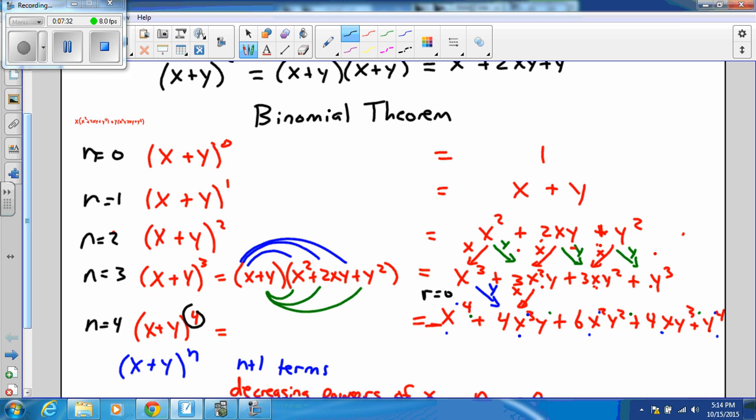And now we're going to come over and count terms starting at 0. And we're going to give the symbol r to the value of our term. This is going to be the 0th term. R is equal to 1, 2, 3, and 4. Notice that r has the exact same value as the power of y in this term.